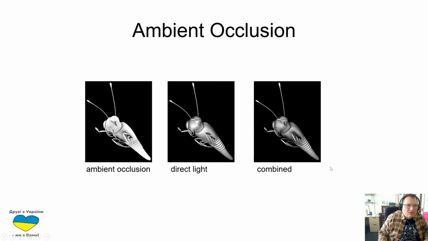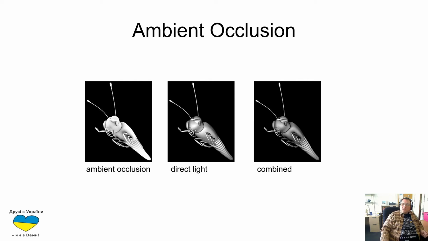You can get something like this, and these shadows here wouldn't be available without ambient occlusion, with just direct light. You might want to recreate them with shadow maps, but of course shadow maps are costly, and the application of pre-baked ambient occlusion is very easy technically and very fast computationally.